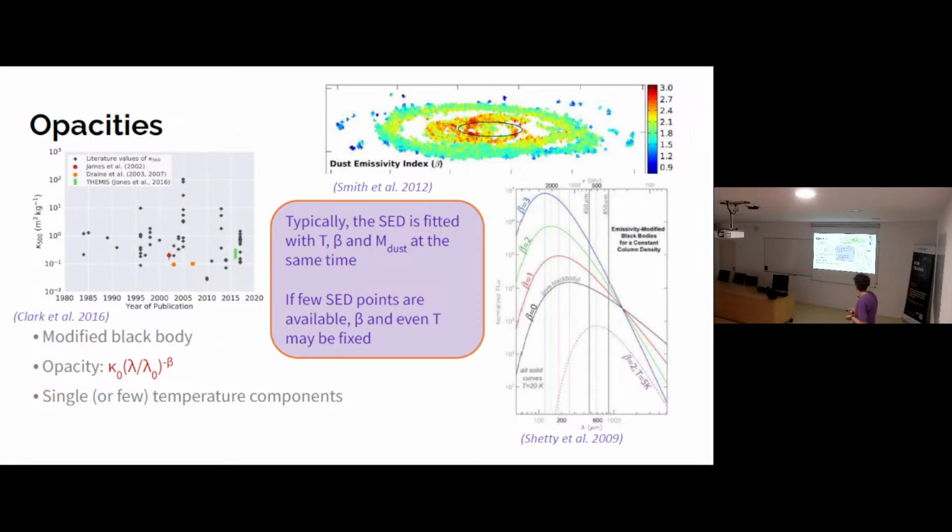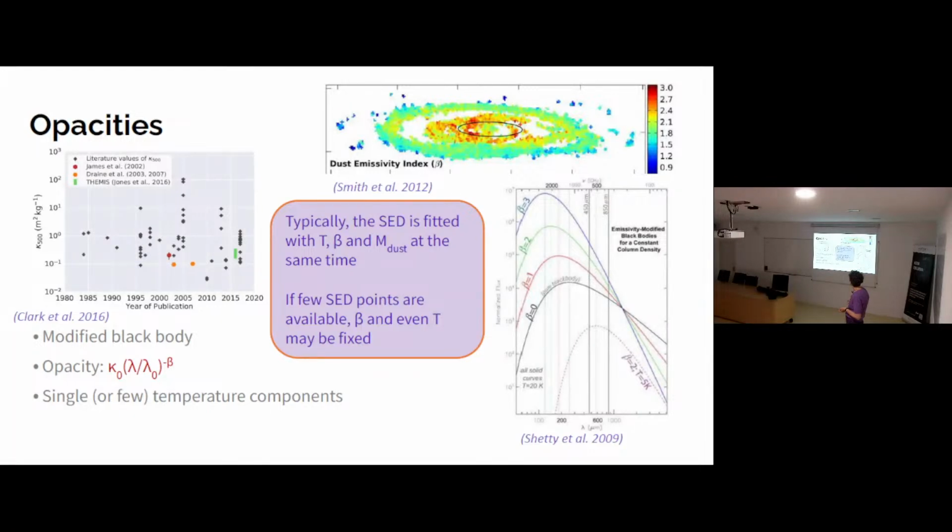So continuing a little bit more on this aspect of dust opacities. How we measure the dust mass at the longest wavelengths is by fitting an SED with a temperature, a beta, and a dust mass at the same time.